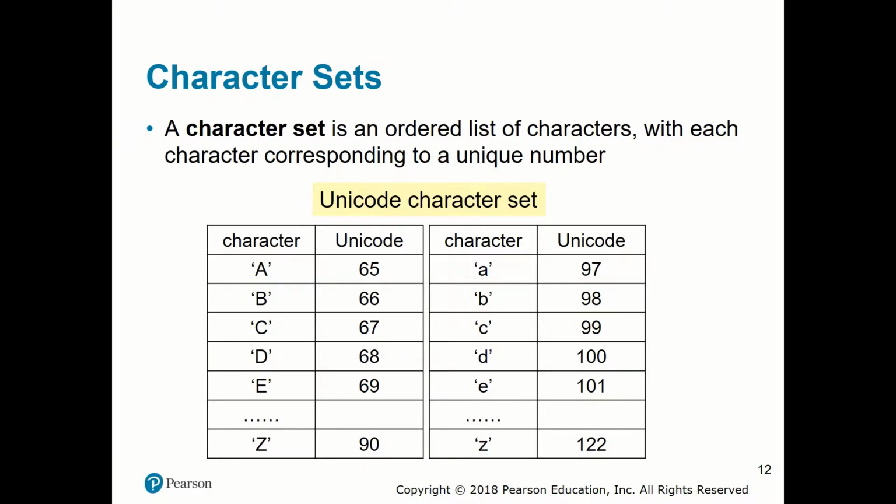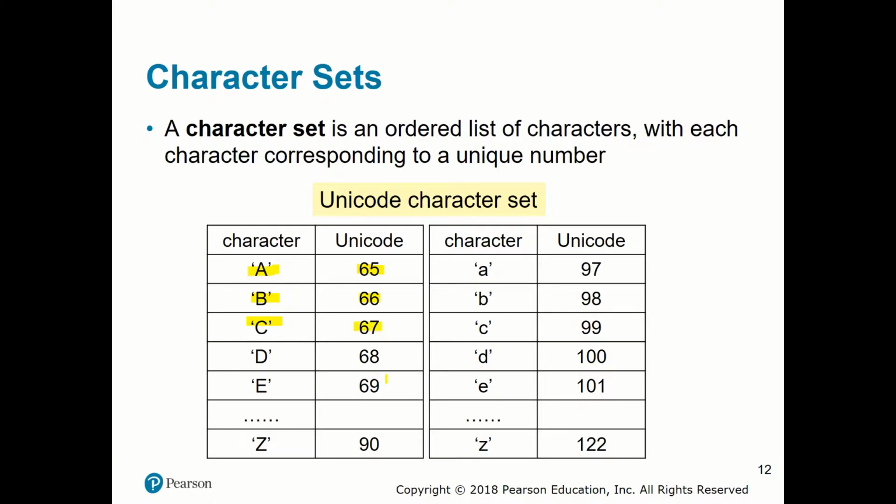A character set is an ordered list of characters, with which a character corresponds to a unique number. Unicode is a character set used worldwide these days. In Unicode, numbers are assigned to the alphabet like this. Capital A is 65, capital B is 66, capital C is 67, and so on.